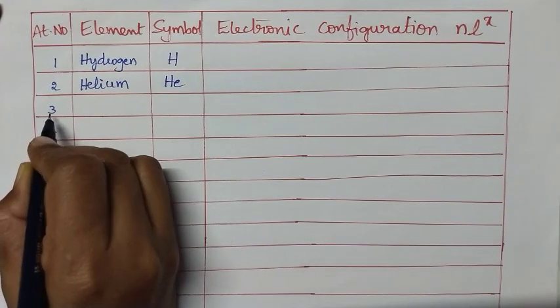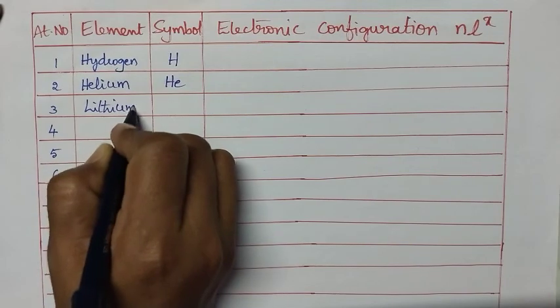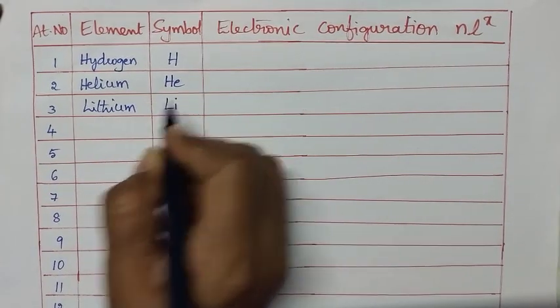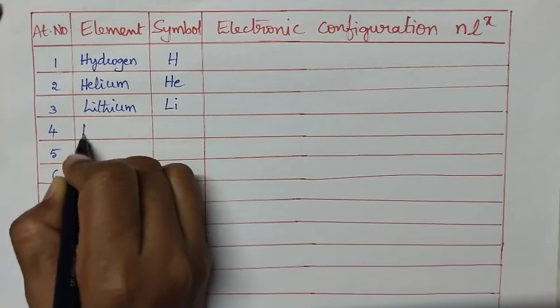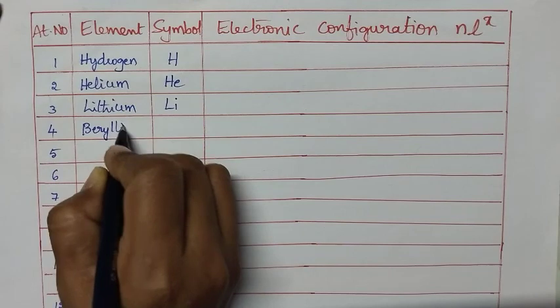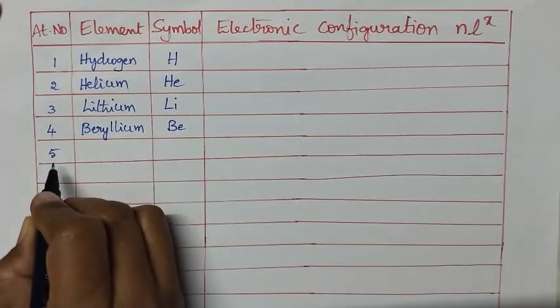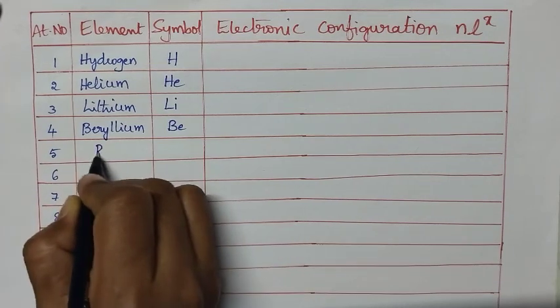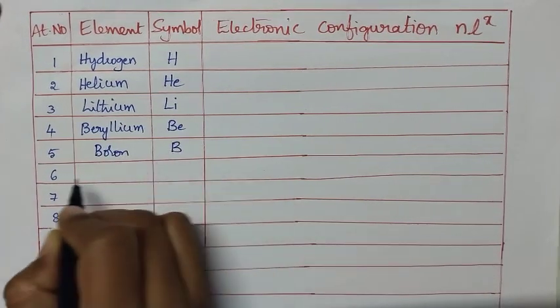Atomic number 3 means the element is lithium and the symbol is Li. Atomic number 4 means the element is beryllium and the symbol is Be. Atomic number 5 means the element is boron and the symbol is B.